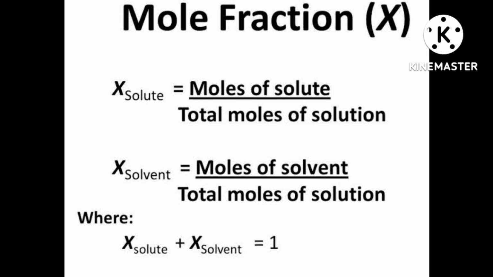That is na divided by na plus nb. Like that, mole fraction of B is the number of moles of B divided by the total number of moles in the solution, that is nb divided by na plus nb. This I have told about the mole fraction.